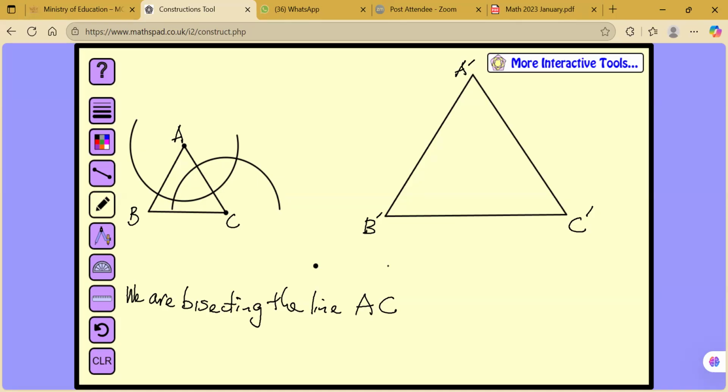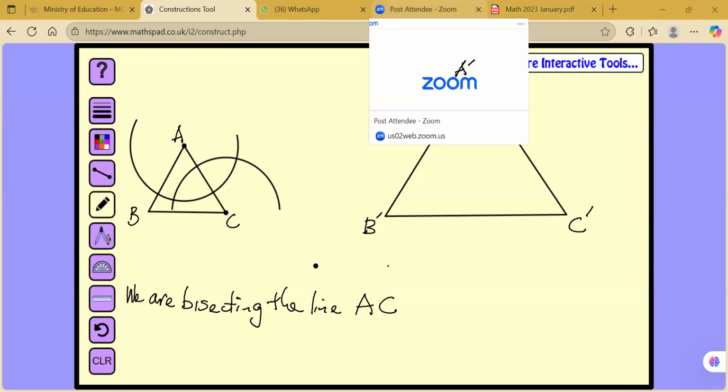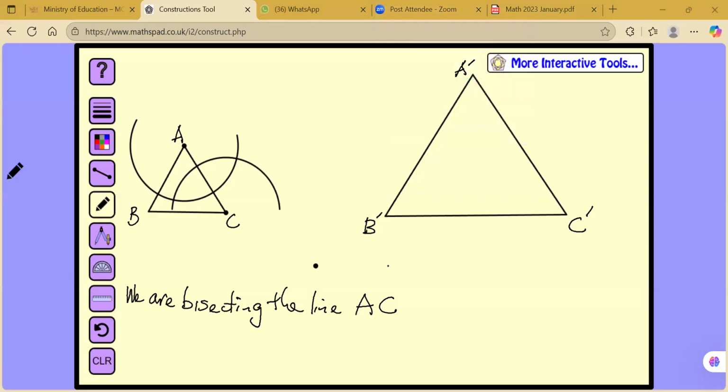So let me just ask somebody again, what do I do? So Sienna, open your mic. Sienna, you hearing me? Yes, sir. Right. So Sienna, I want to bisect A prime, B prime. What do I do first?